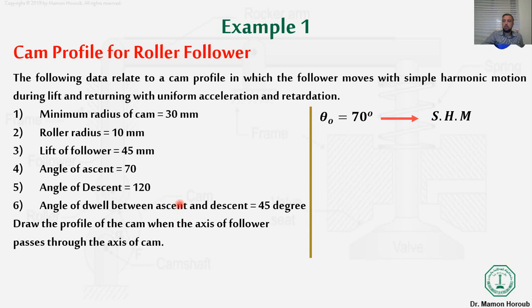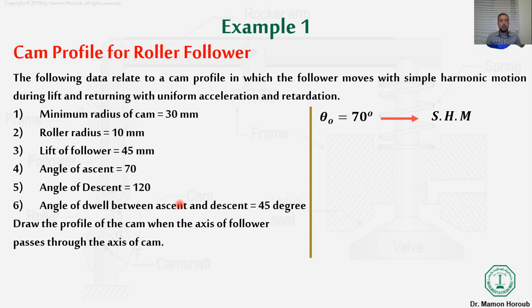One will be an inline cam follower, where the follower will be a roller. The second example will be offset, where the follower will be knife edge. So here we will cover all the types, and we will discuss simple harmonic motion, uniform acceleration, uniform velocity, as well as the displacement rate. So let us go step by step for this example.